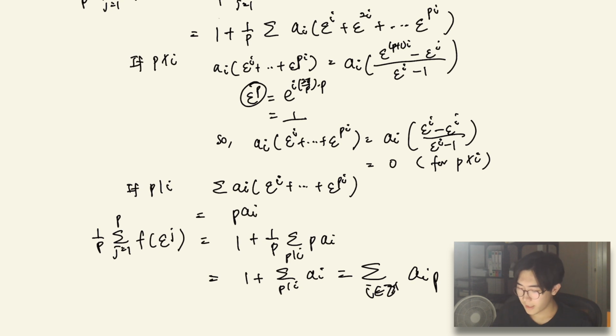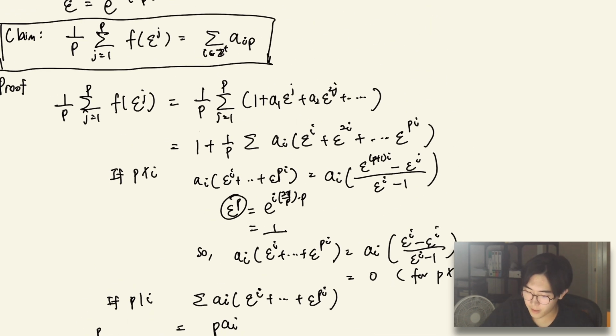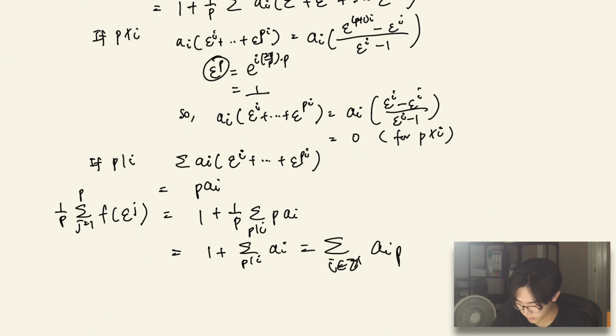Because we're taking into account i equals to 0 here. Wait, so I guess it shouldn't be z plus, it should be non-negative integers. Sorry.